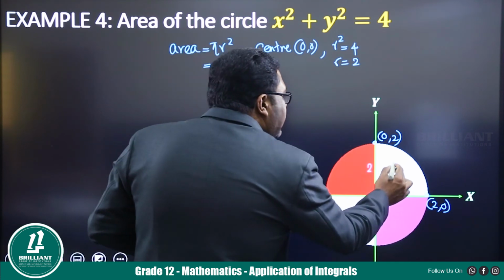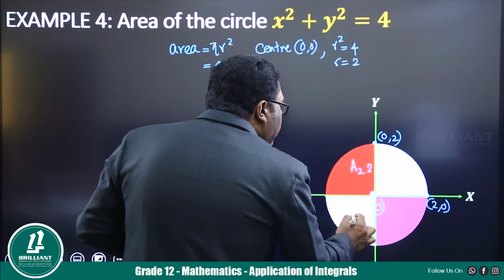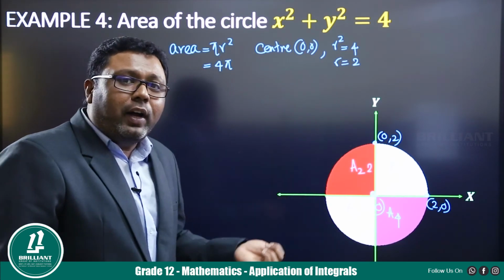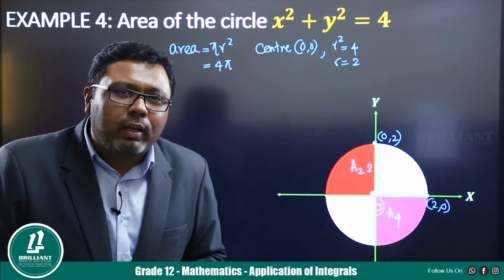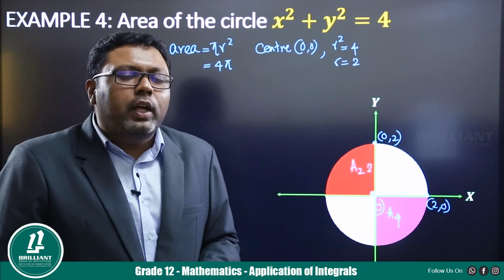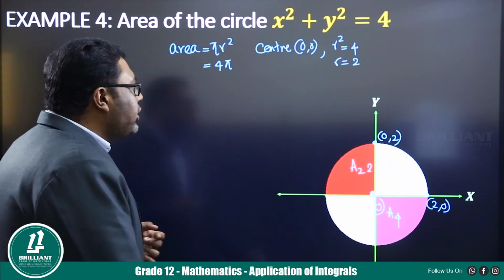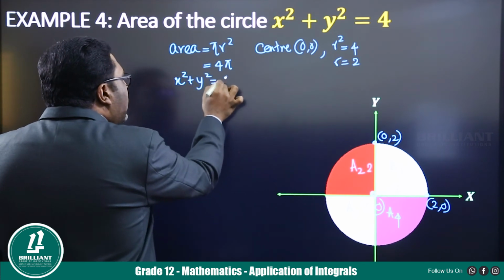Can I say this is area 1, area 2, area 3 and area 4? If I find the area of one of the portions and multiply it with 4, won't I get the area of the circle?